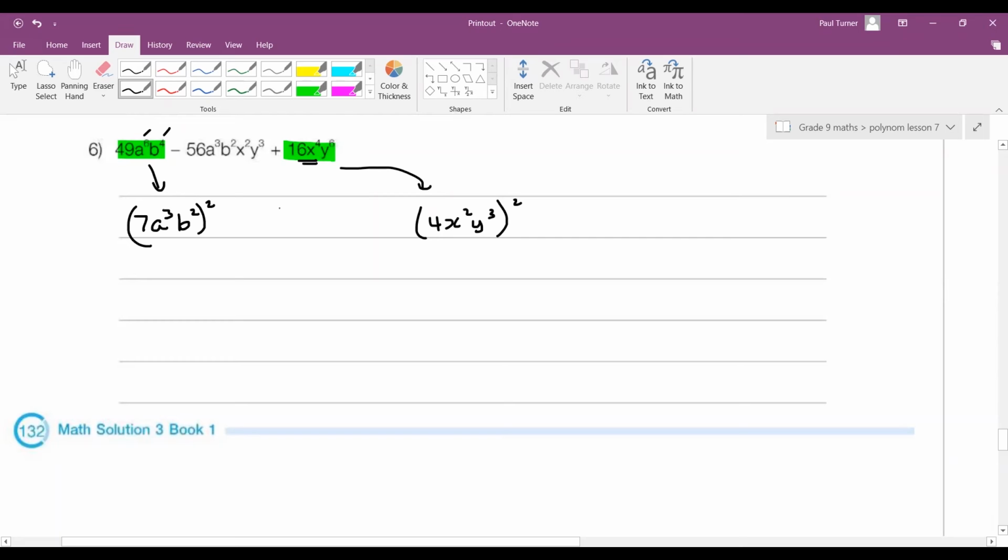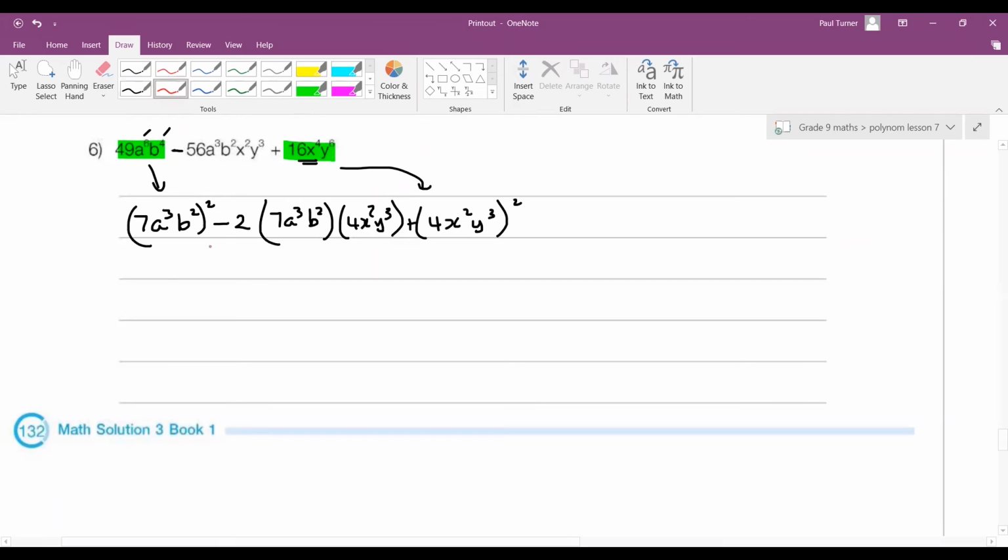And then we have the middle to fill in. Based on our formula, we have a minus, put in 2 first. Then we have the first part, which was 7a3b2, and the second part, which is 4x squared y3. That's plus there.